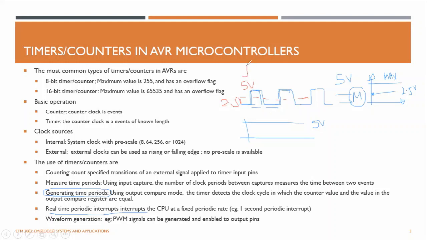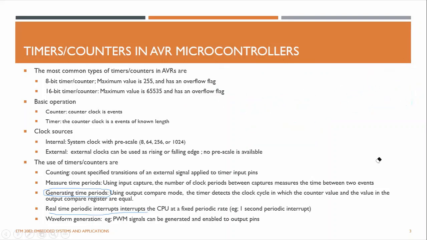Sometimes you can generate very small duty ratios, so the average will be very low, like 1 volt. Likewise, to change the voltage, you change this turn-on period. That is what you call PWM, which is what we use in motor controllers. So to generate these PWM signals, you need the timers in the microcontroller.